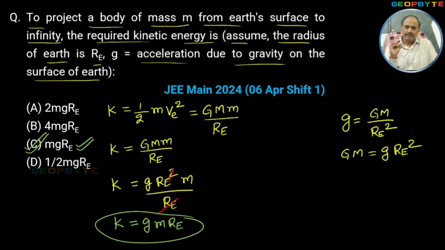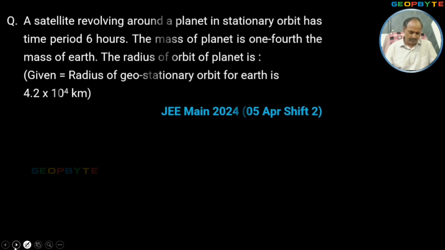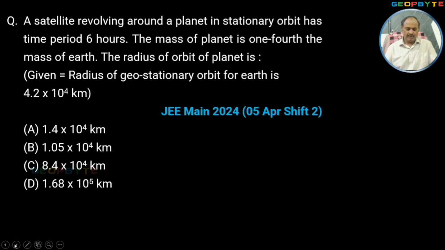Understood clearly? Yes. Similarly, let us take another important problem. Look at this problem. It is asking like this. A satellite revolving around a planet in a stationary orbit has the time period 6 hours. The time period for the satellite T1 equals 6 hours.